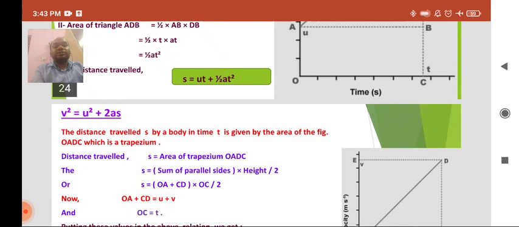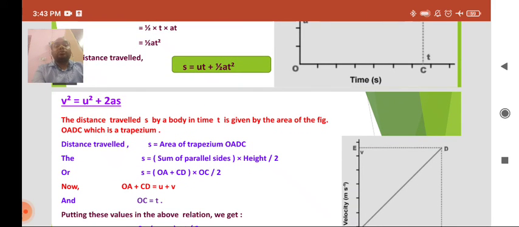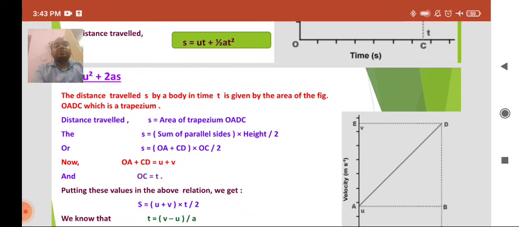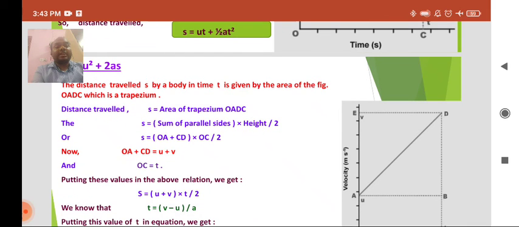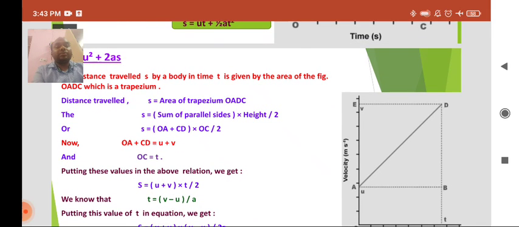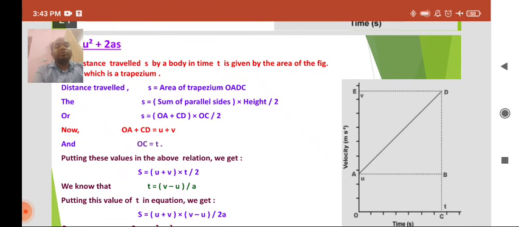From the third motion equation we can derive v square equals u square plus 2as. In this case, the distance travelled s by the body in time t is given by the area of the figure OADC, which is a trapezium. Distance travelled equals the area of the trapezium OADC, which equals the sum of parallel sides into height by 2. So s equals (OA plus CD) into OC by 2.